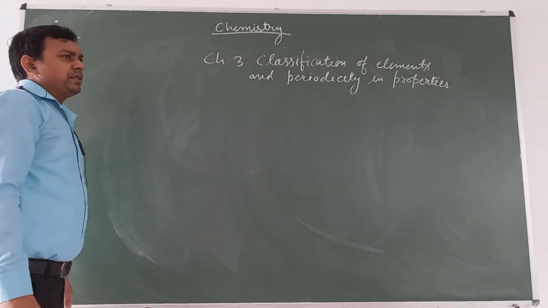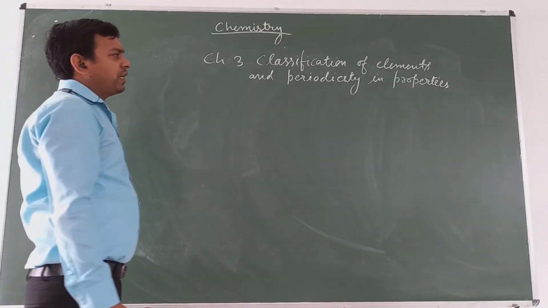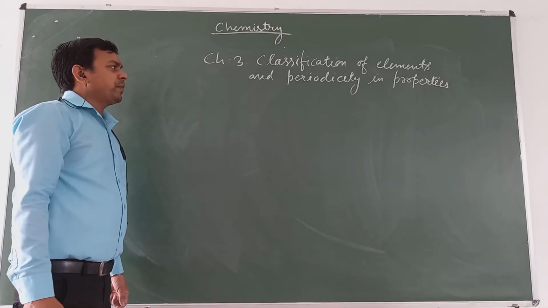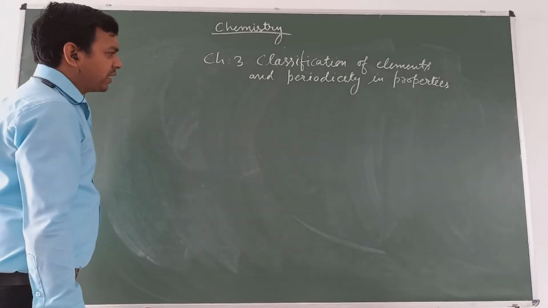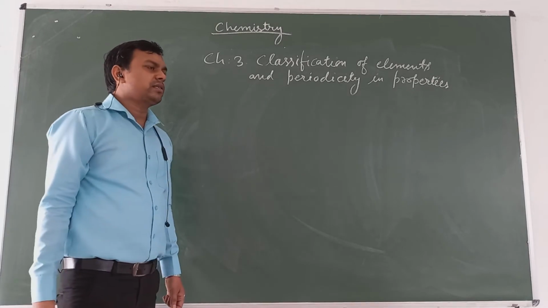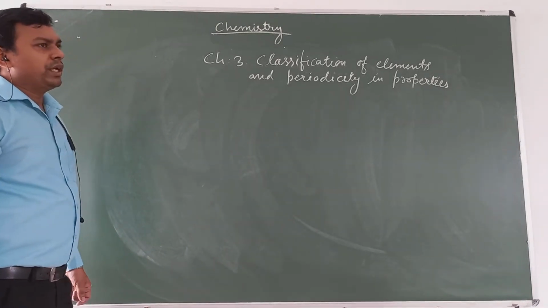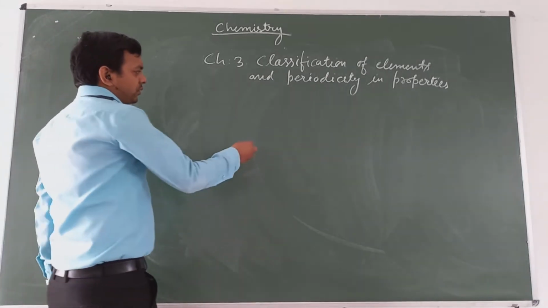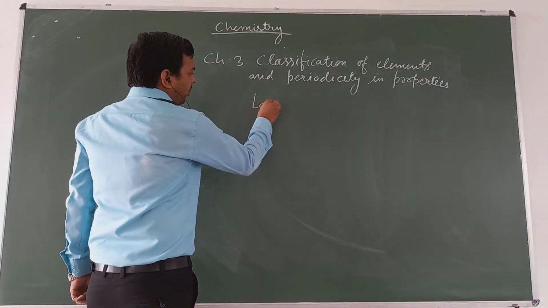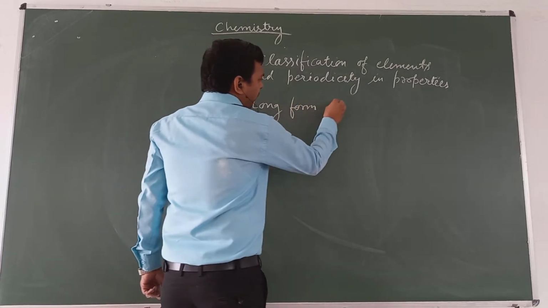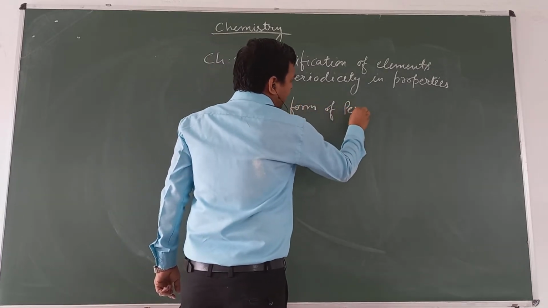In this chapter, the first part, including the topics Dobereiner's triads, Newlands and Mendeleev, we have passed through. Today, I will discuss the long form of the periodic table.